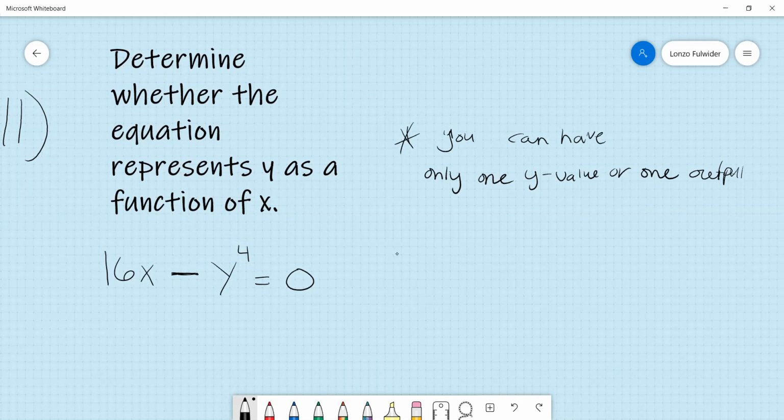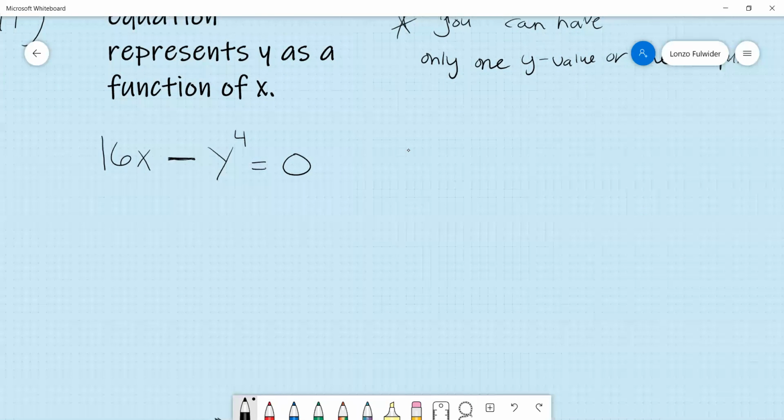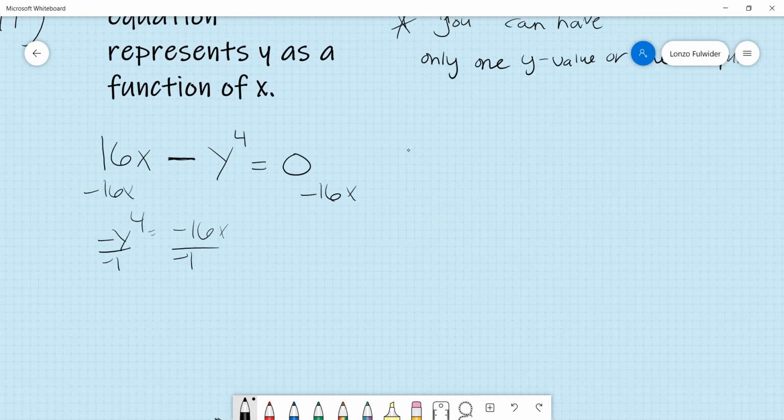You're going to get 4 answers because of this radical. If you did solve for y, we're going to get negative y to the 4th equals negative 16x, and then you divide this by negative 1. You get y to the 4th equals 16x.